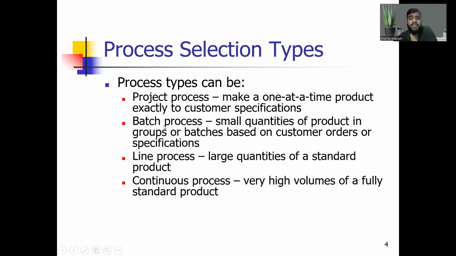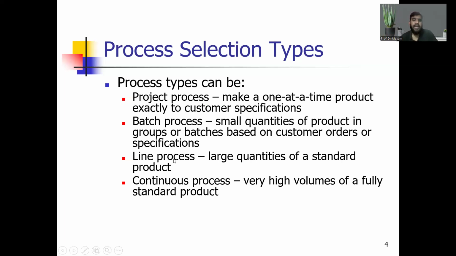For example, in garments production, they use batch processing in washing and in dyeing, because one batch will have separate specifications.